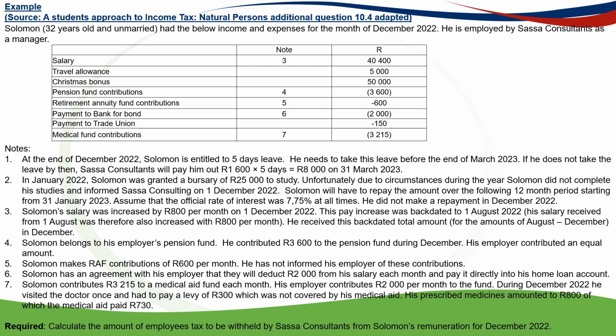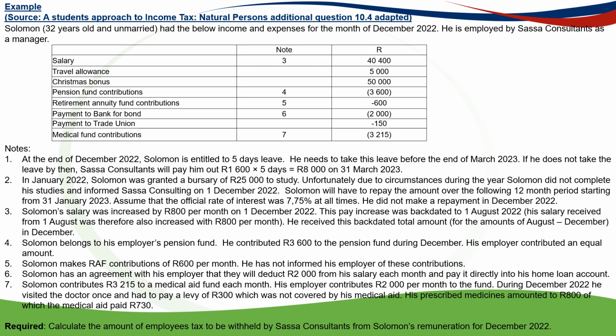It is not Solomon that is calculating his own annual normal income tax for purposes of submitting it to SARS and to be assessed on it, and either Solomon has to pay in, or he might get a refund. So it's important to note the difference between employees' tax calculations and the normal income tax calculations.